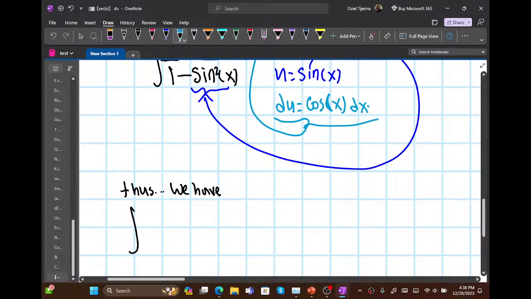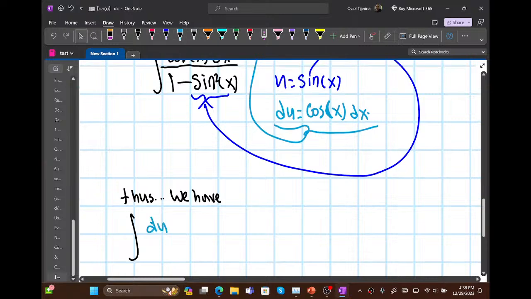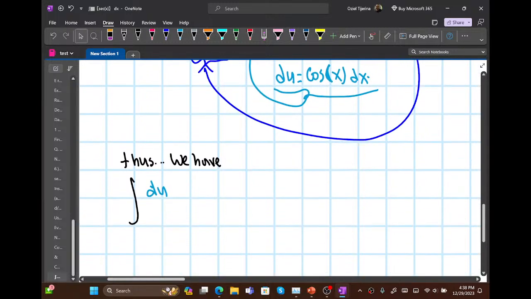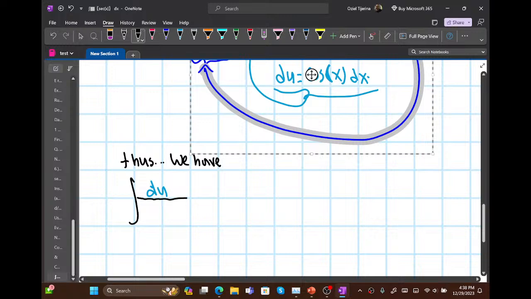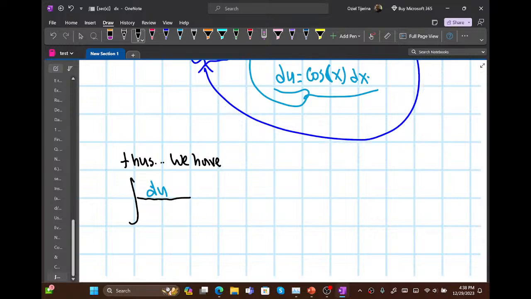It's going to be du over 1 minus u squared. And you're right, Light, it's going to be the sum and difference pattern. I will show you guys that formula just in case nobody knows it, because I know that not everybody knows their algebra.